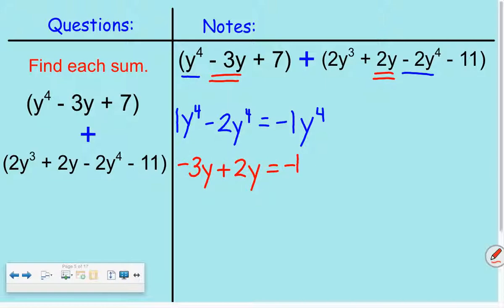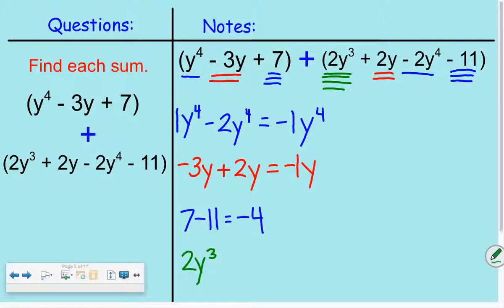So negative 1y or negative y. Then I've got a 7 and a negative 11, which would be negative 4. And I have 2y cubed, which doesn't get grouped with anything, so it stays how it is.